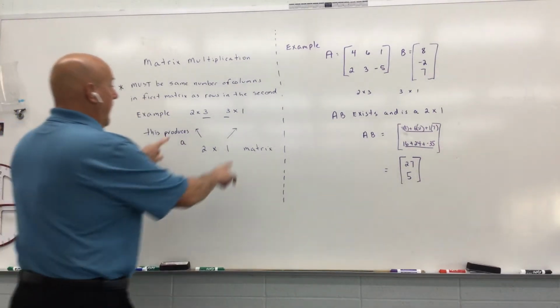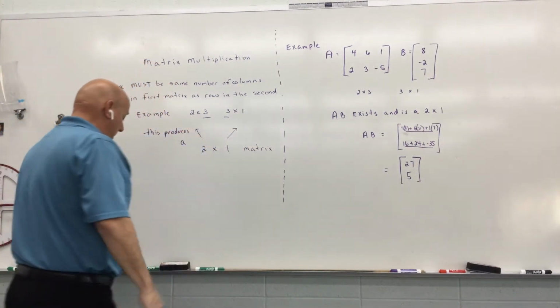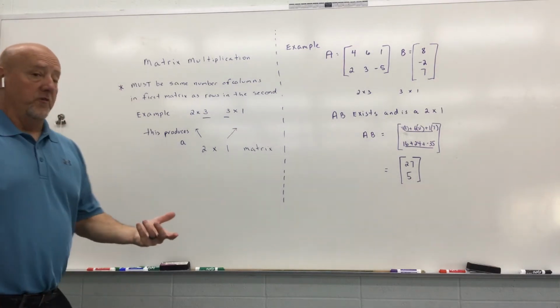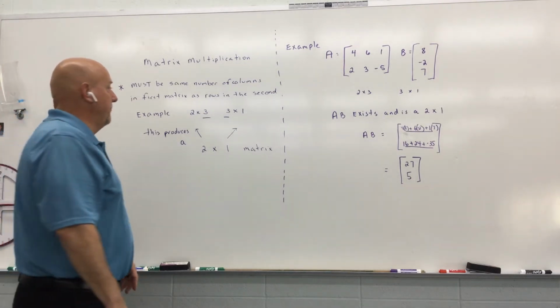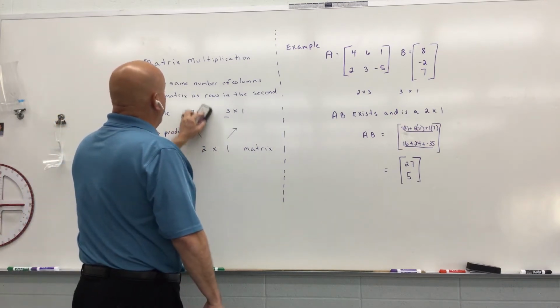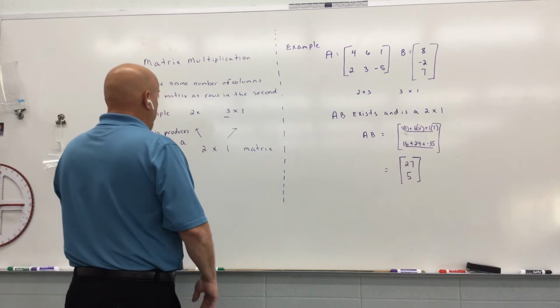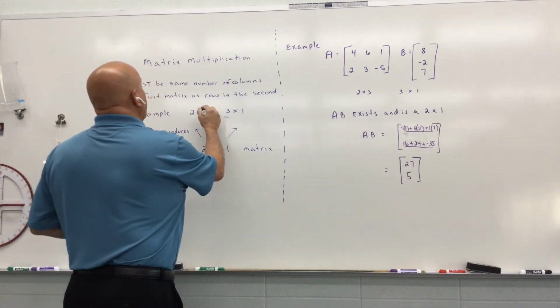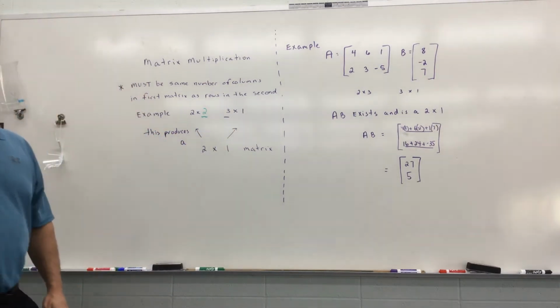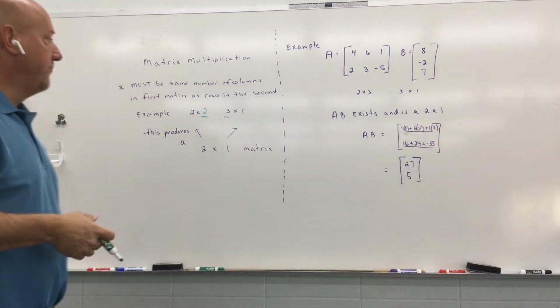So whatever's left on the ends is going to be how big your product matrix is. Not all multiplication of matrices will exist. If this was changed to a 2 by 2 and a 3 by 1, this middle number here is not the same, so that matrix would not exist.